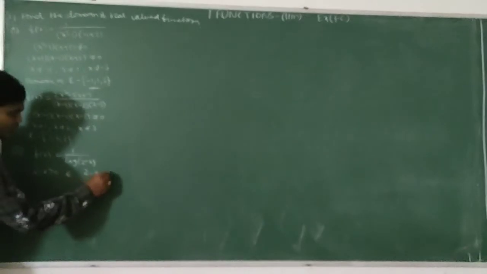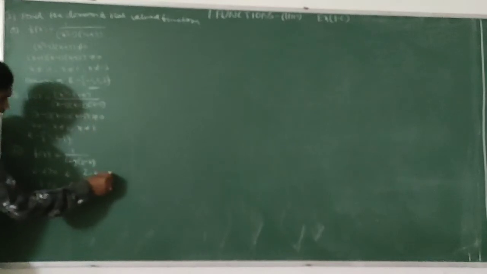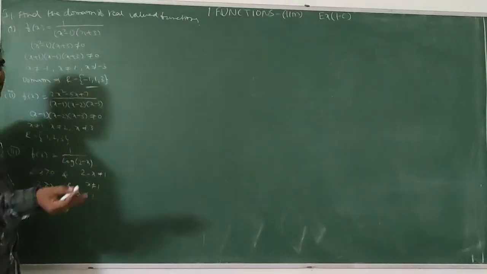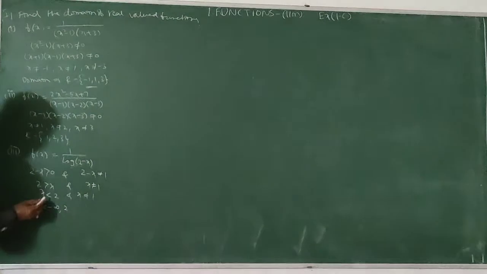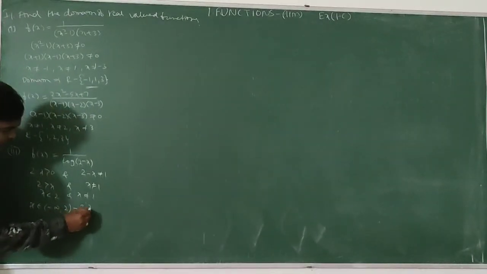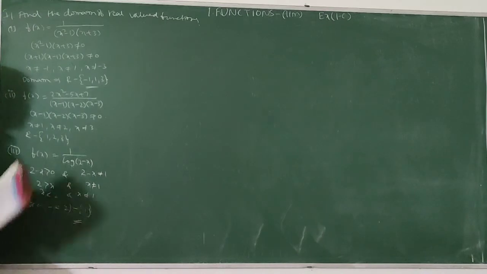So 2 minus x not equal to 1, x not equal to 1. So x is less than 2 and not equal to 1. So x belongs to minus infinity to 2, minus {1}. When we are taking minus infinity or plus infinity, we simply take an open bracket. So this is the required domain.